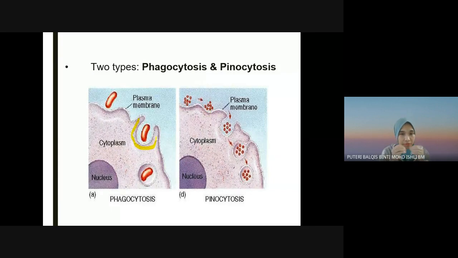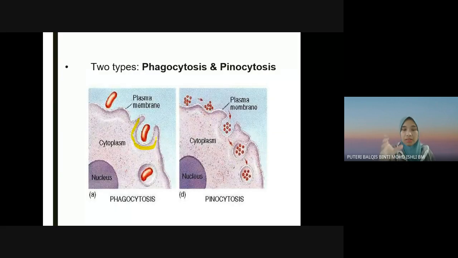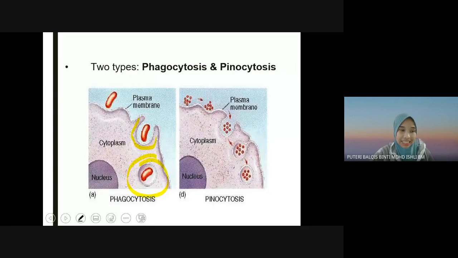Once it moves, the plasma membrane, by the process of pseudopodium, and then the membrane will pinch off to form intracellular vesicle. Dia dah surround the food particles, and then it will pinch off, and then it will form like this. Dia akan form intracellular vesicle. Maksudnya vesicle yang akan digunakan dalam sel.